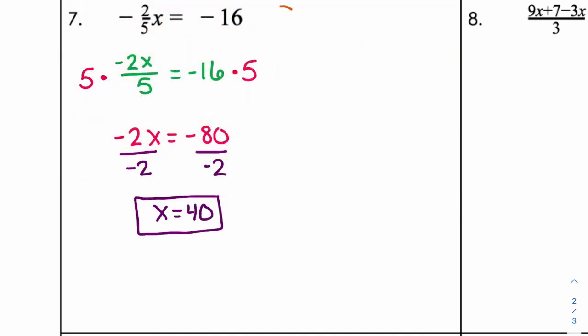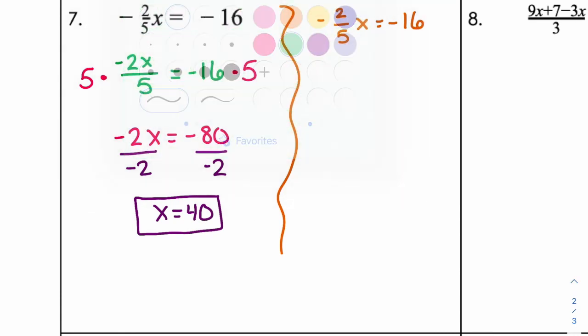My other option here is if I start with the original, I can multiply by the reciprocal, which we've sort of talked about, I think, at the beginning of the year. So I would multiply this by -5/2 on both sides.